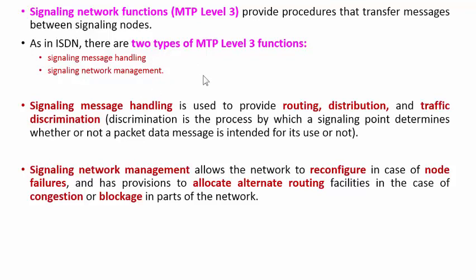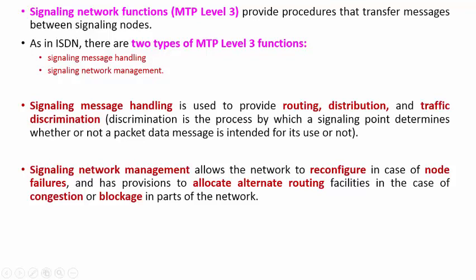Then at level 3, the signaling network function, MTP level 3 provides the procedures that transfer messages between the signaling nodes. As far as ISDN is concerned, there are two types of MTP level 3 functions. The first one is the signaling message handling function, and the second is the signaling network management function.